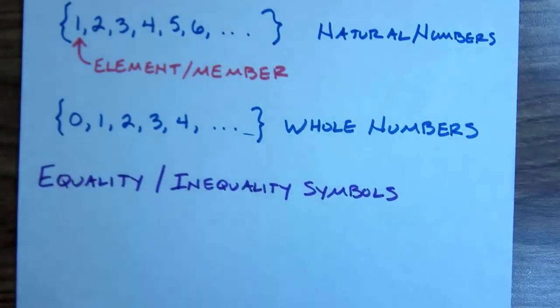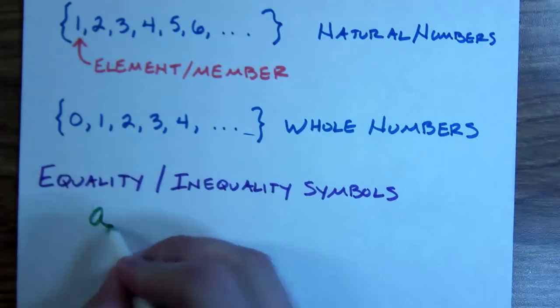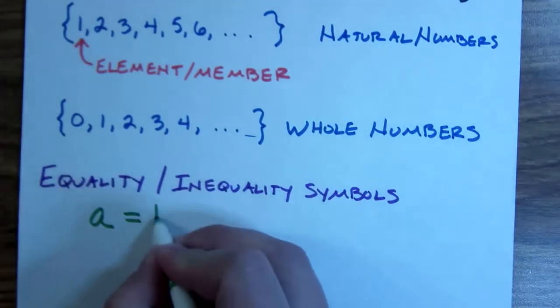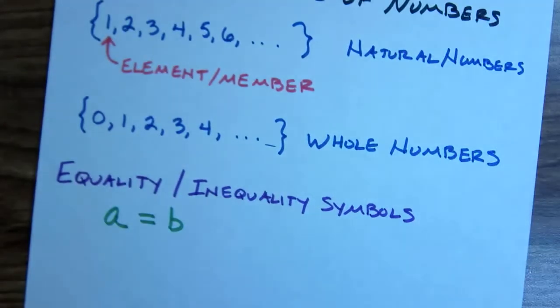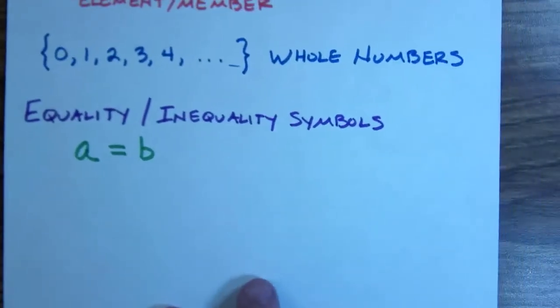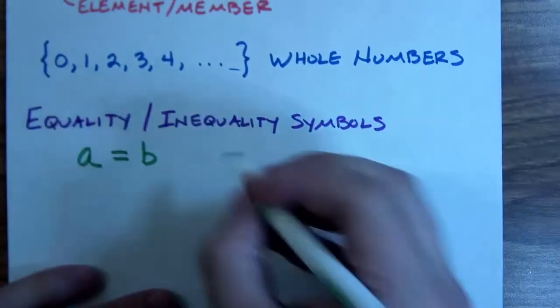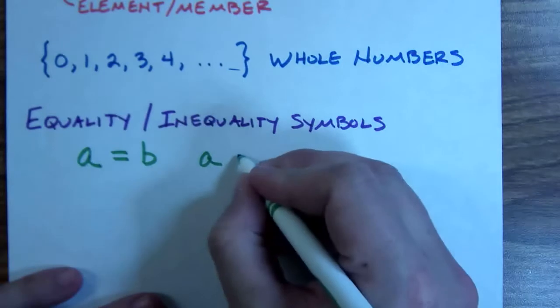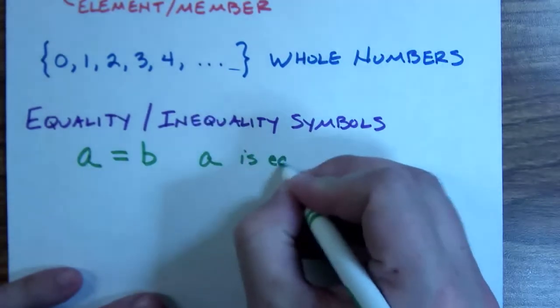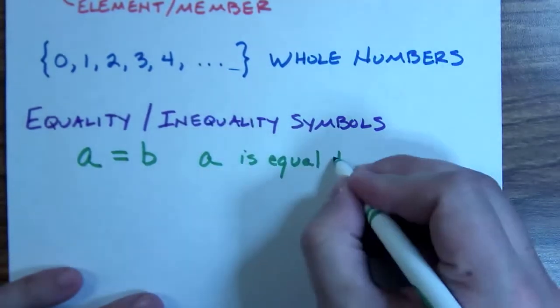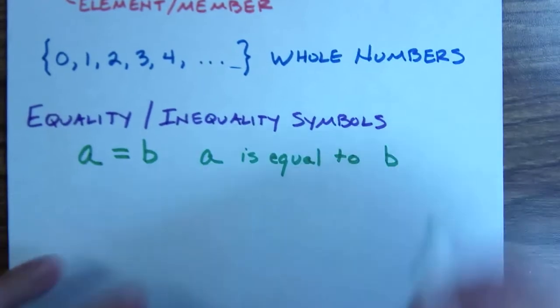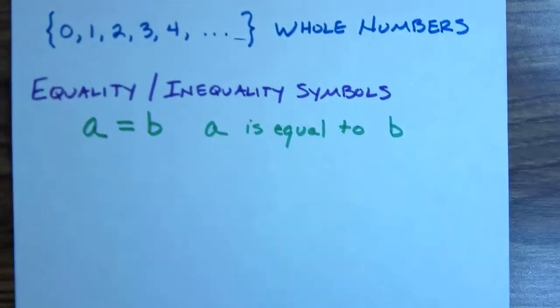You know everybody's favorite. What symbol is that? That's equal to, is equal to. So we'd read this as A is equal to B. Equal to symbol, not too bad.